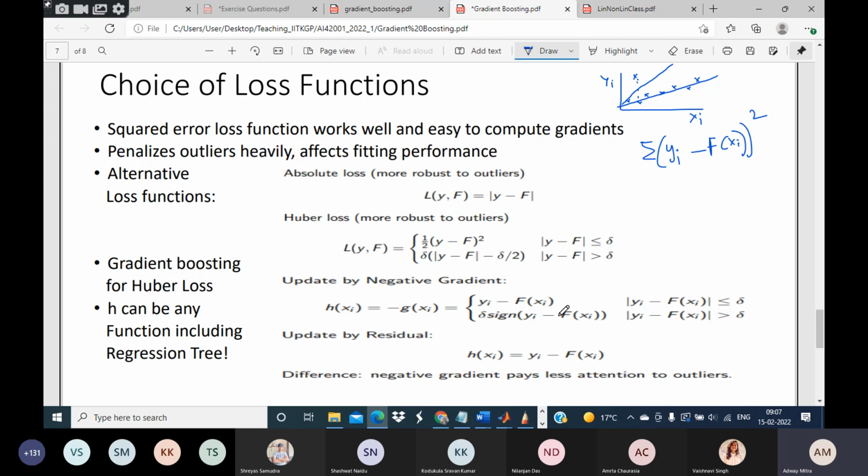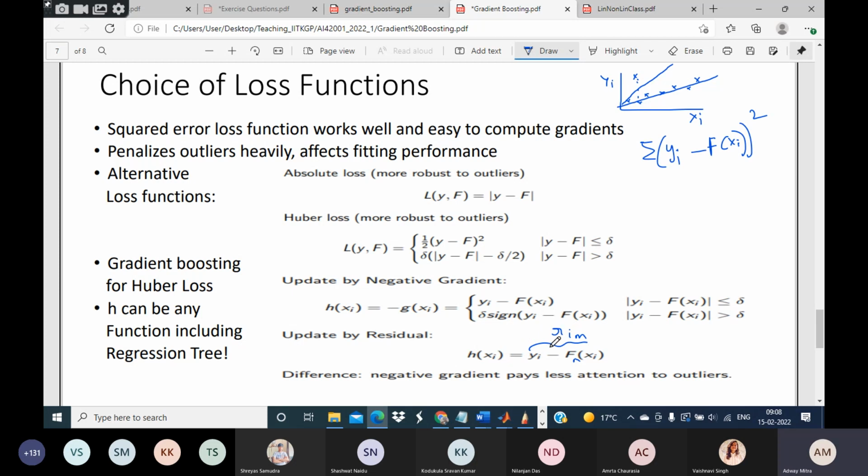It's a straightforward exercise. And once you have calculated these gradients, you have to update the residuals in the same way as discussed earlier. That is, you will get these pseudo residuals, and then you have to train your model h(x_i) to be able to predict the pseudo residuals.